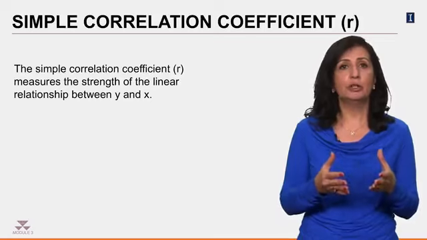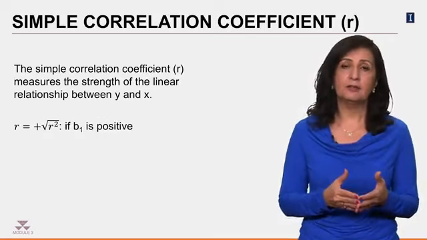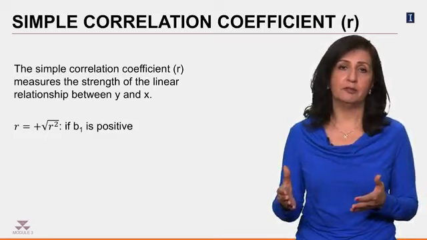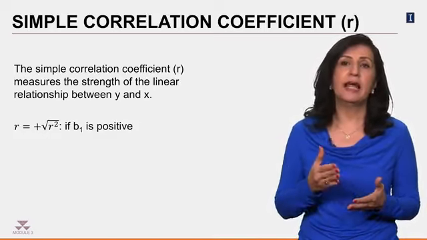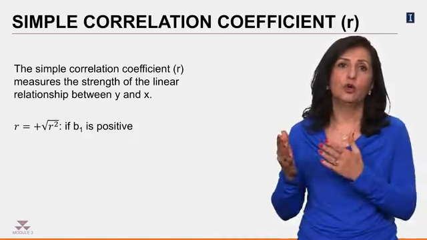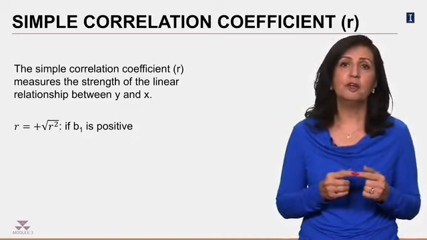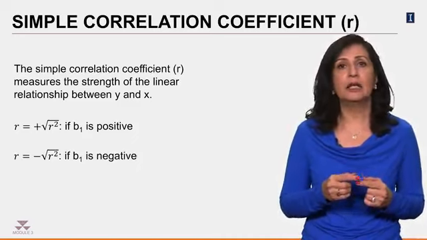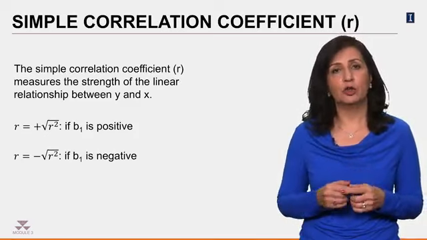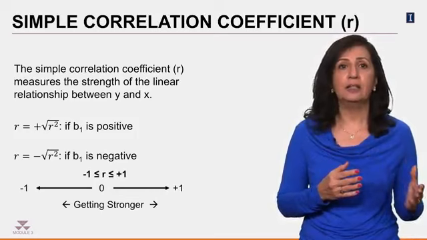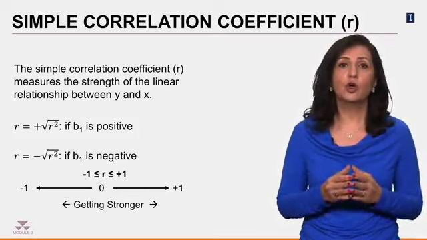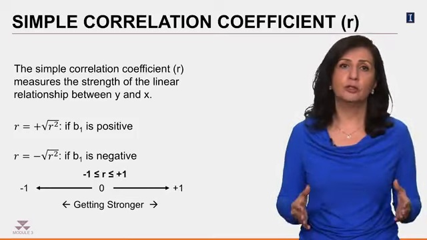Correlation, which is denoted by r, is positive if slope is positive, which means x has a positive coefficient, and we say x and y are positively correlated. If the coefficient of x is negative, then we say they are negatively correlated. Correlation can take on any value between -1 and 1. The closer to 1, the stronger the relationship.